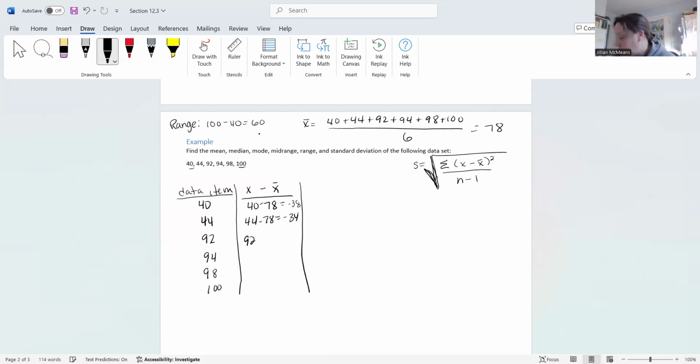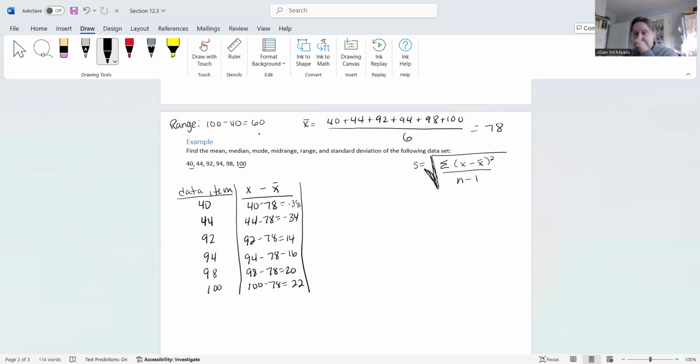We have 92 minus 78, which is 14. 94 minus 78, which is 16. 98 minus 78, which is 20. And then finally 100 minus 78, which is 22.